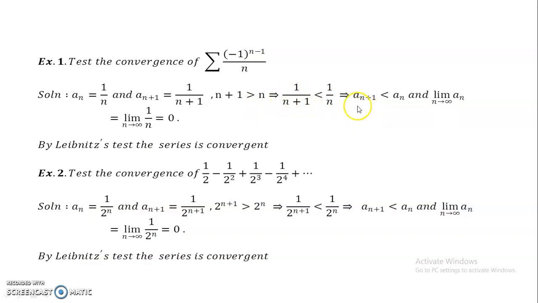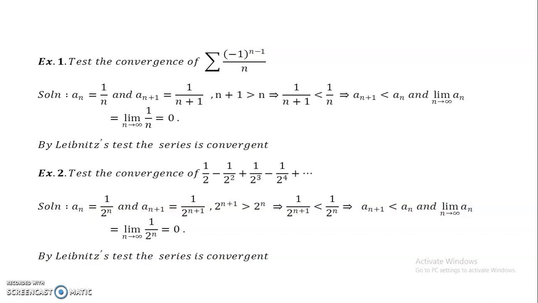So obviously a_(n+1) is less than a_n. And we also check another condition for the Leibniz test, that is limit of a_n, which means limit of 1 by n as n approaches infinity, and obviously it is 0. So by the Leibniz test, once these two conditions are satisfied, one is a_(n+1) less than a_n, and another is limit a_n as n approaches infinity is 0, then we conclude that by the Leibniz test the given series is convergent.